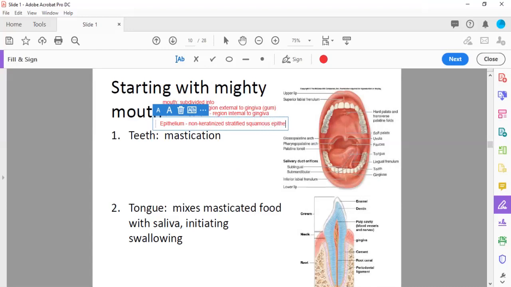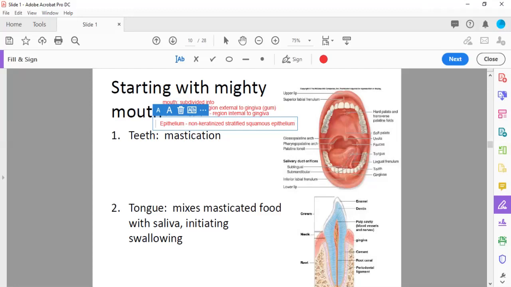It's a mouthful, I know, but you have to know this. Now, in the mouth, we have teeth. So the question is, what exactly do you use the teeth for? Well, we know for a fact it's for chewing. You don't even have to take the class and you know it's used for chewing, right?